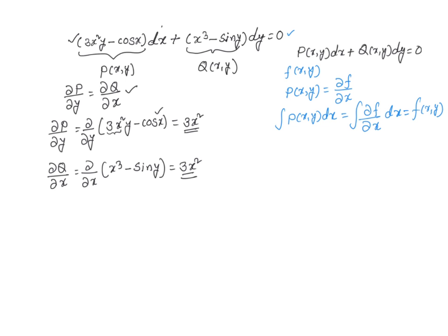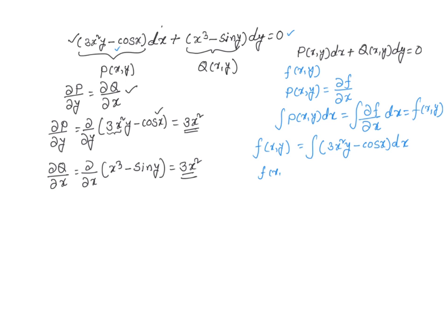So I could say that f of x comma y is equal to the integral of P of x comma y, which is just this, 3x squared y minus cosine of x dx.